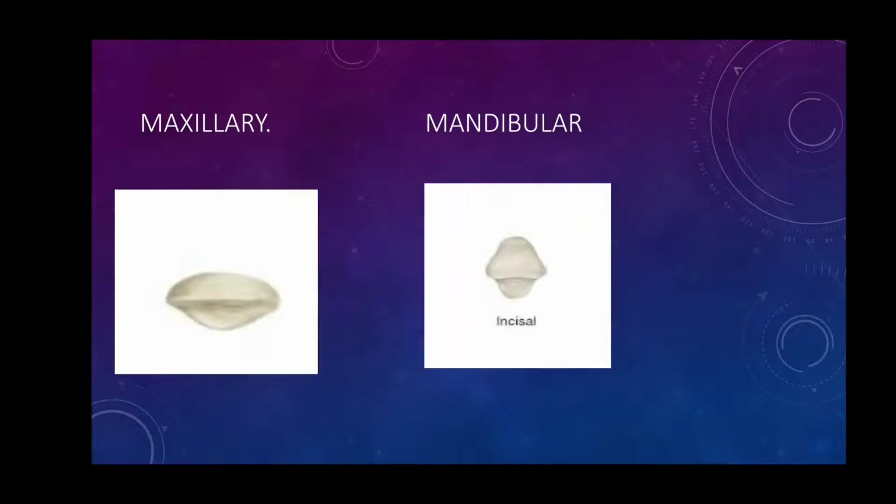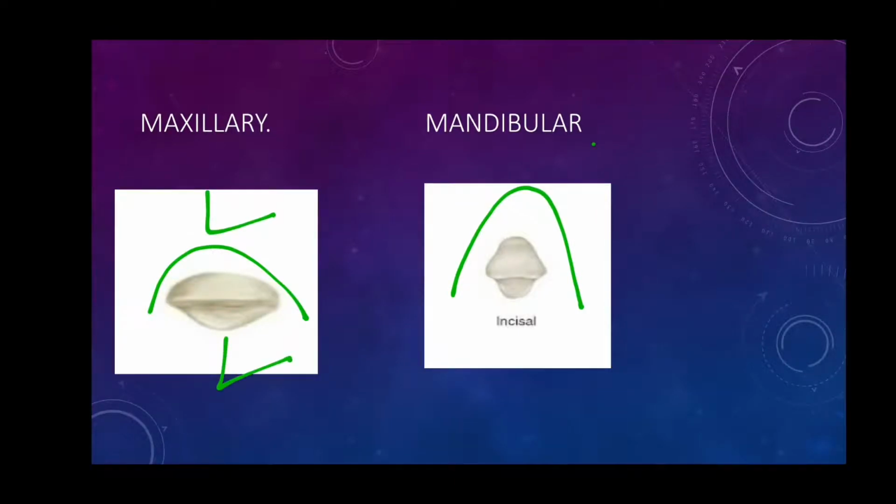Then coming to incisal view differences. See, in the incisal view, the maxillary is more arc shaped, and this is more convex on the labial surface. See, this is labial, this is lingual, and mesial and distal. Okay, from the labial surface, it is more convex than the maxillary teeth.